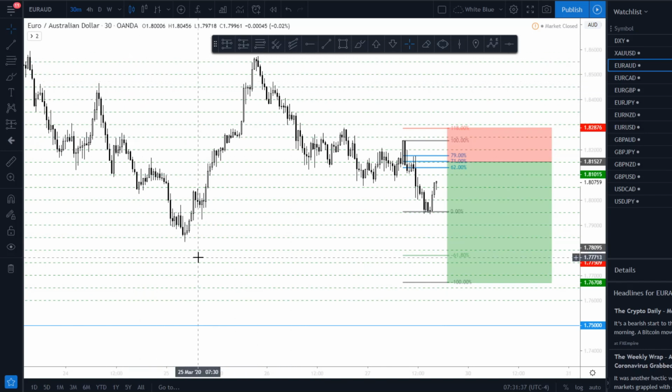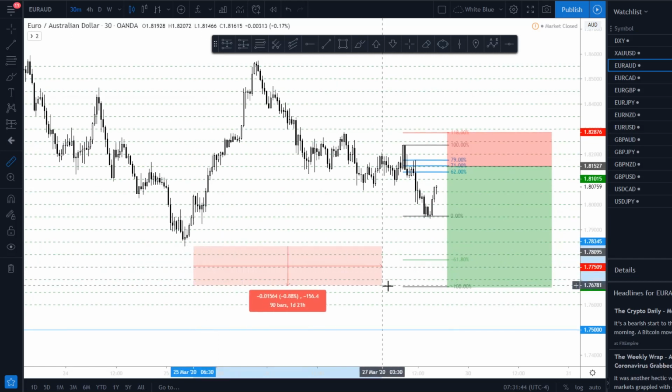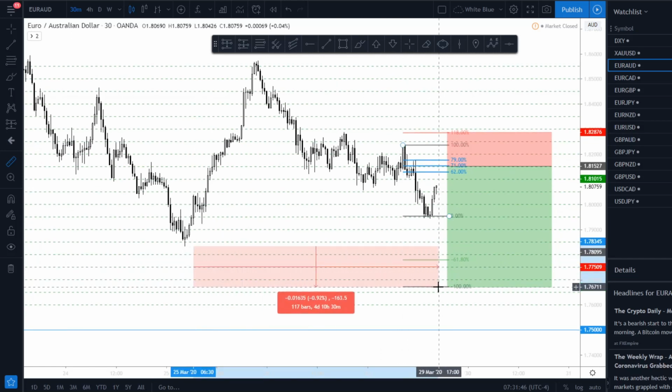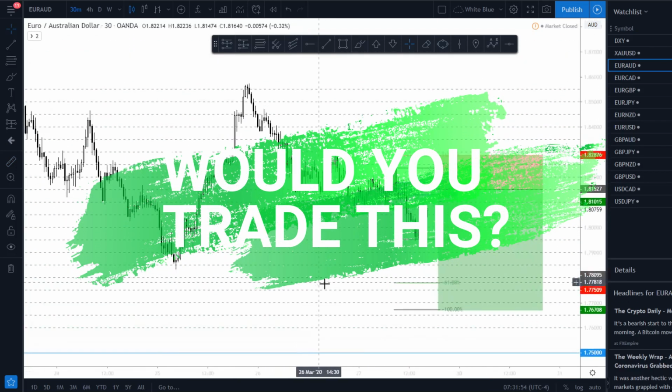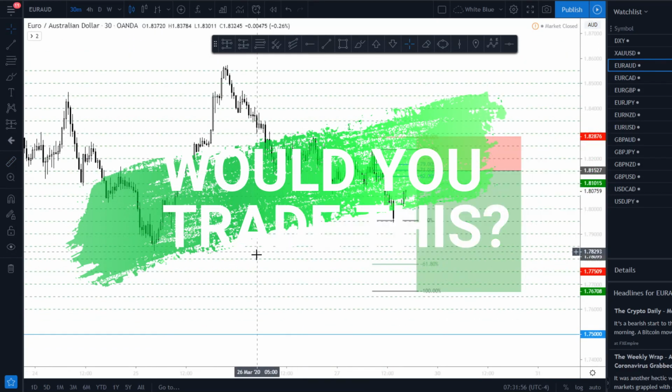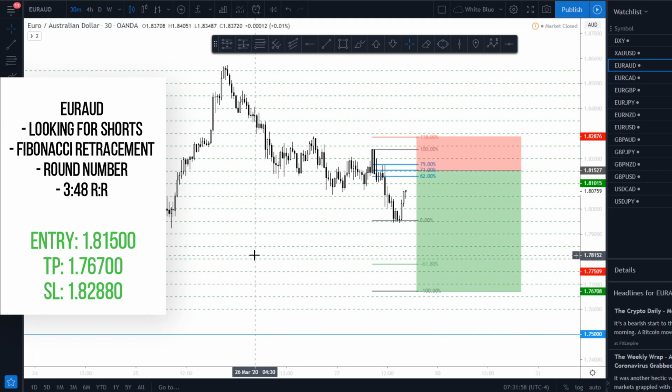So let's see, from this low to here, I think that is actually a really nice area though, because it's not too much of a distance for price to move below this low here.